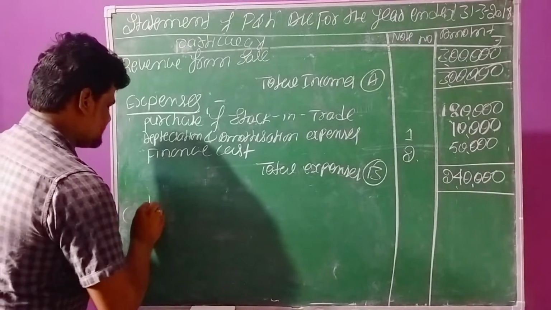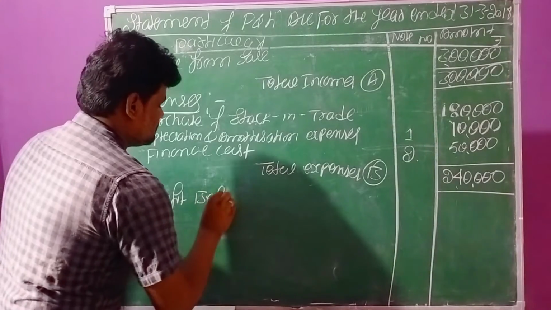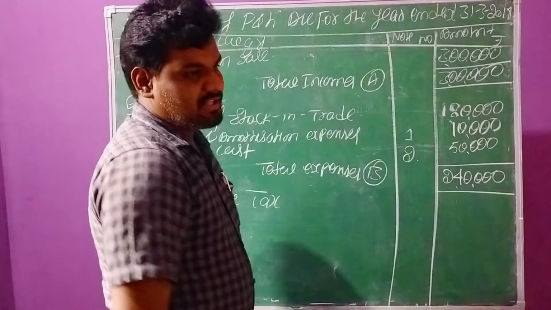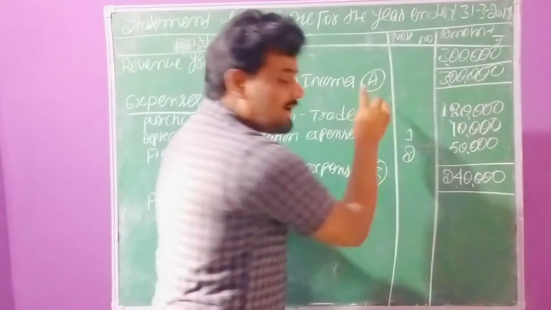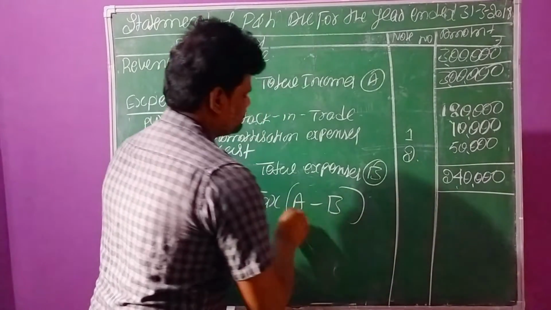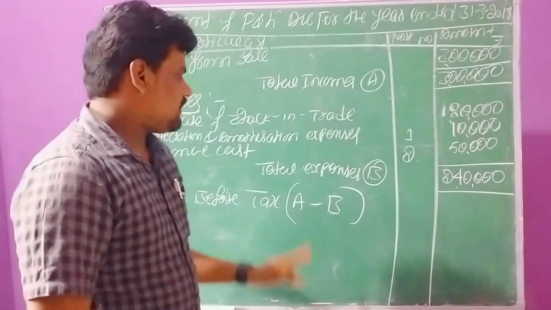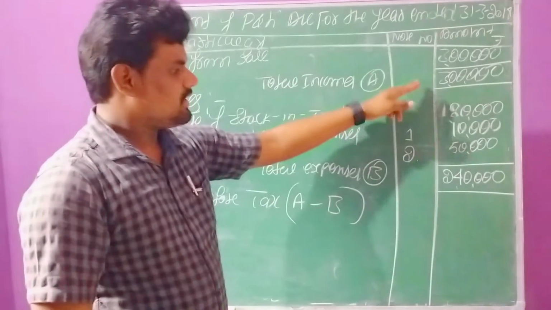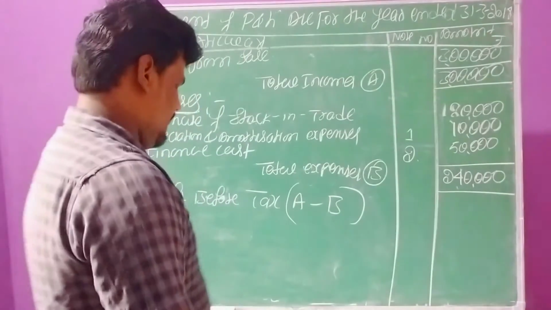The procedure for finding profit before tax is total incomes minus total expenses, I mean A minus B. The total value of A is 3 lakhs, total value of B is 2,40,000. 3 lakhs minus 2,40,000.